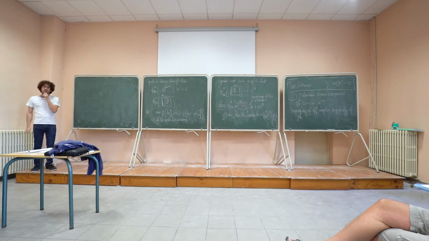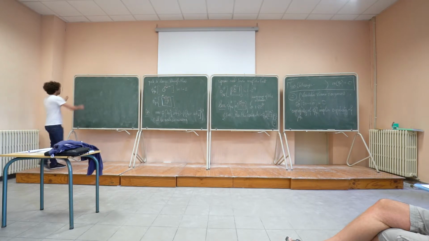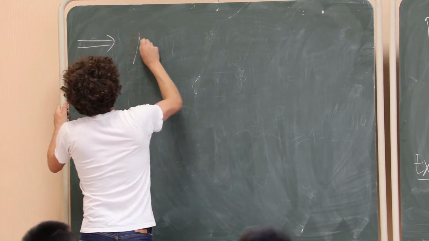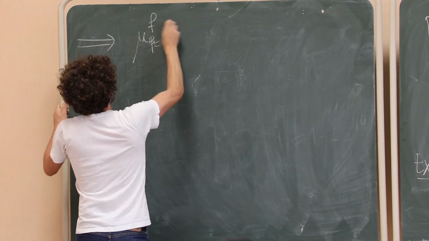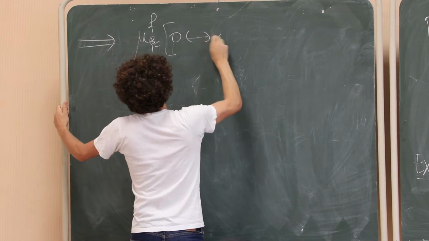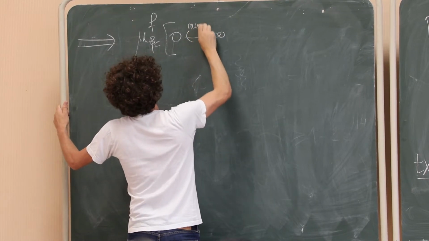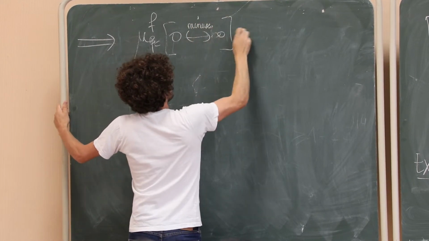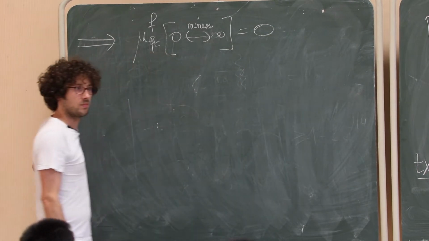It's useful because it actually implies directly that there is no infinite cluster of pluses or minuses, let's say of minuses, for mu free. So the consequence is that mu free at beta_c of 0 connected to infinity by minuses is 0.